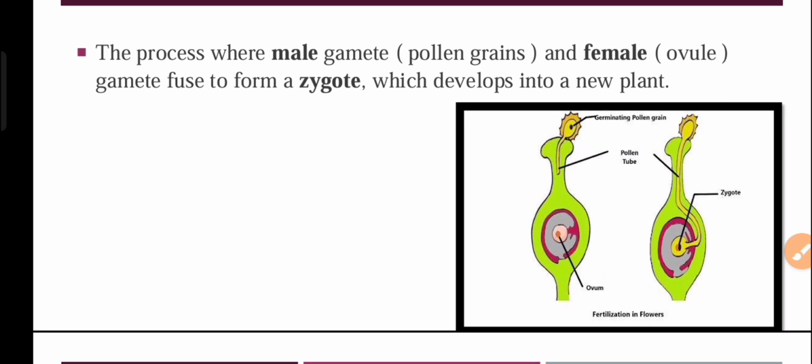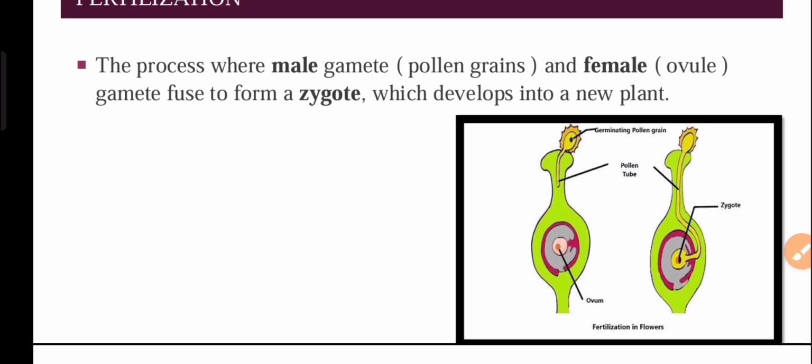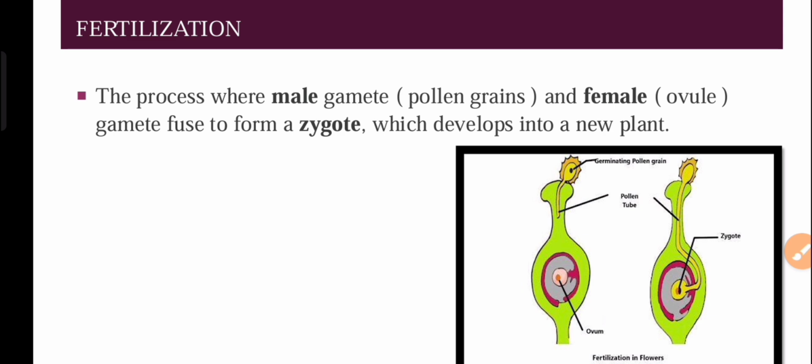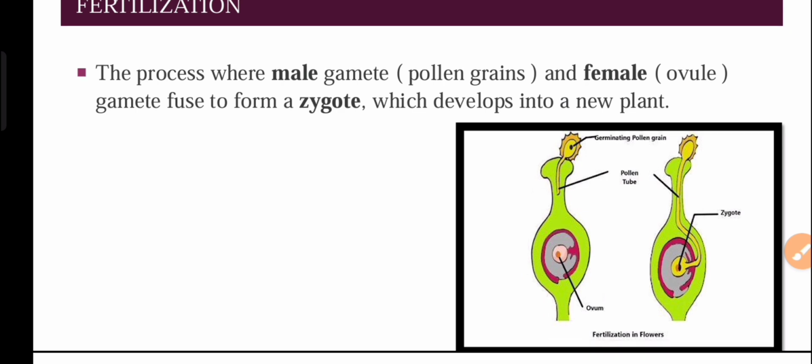Next, coming to fertilization. Before this we studied the parts of the plant, pollination, types of pollination, types of flowers. Now we'll learn about fertilization. So what is fertilization?